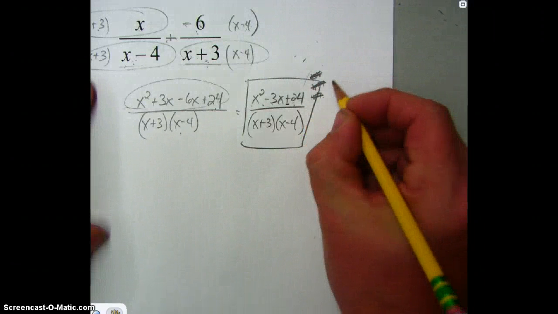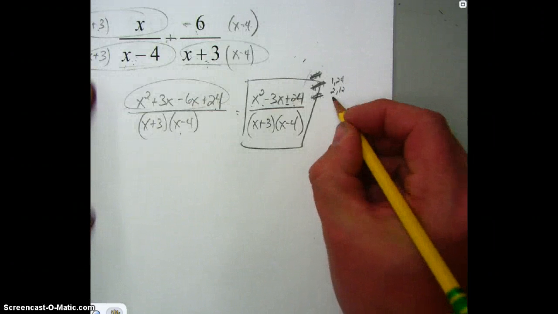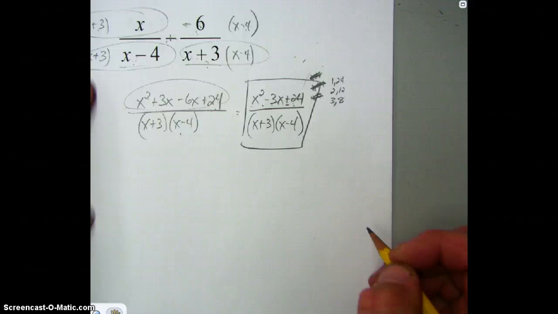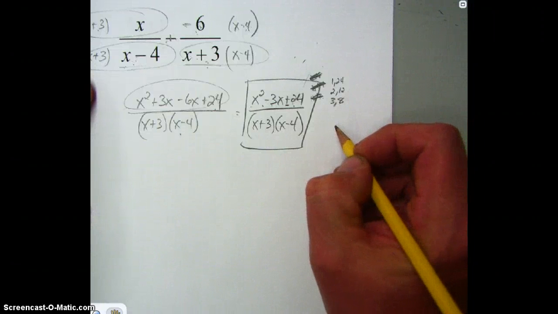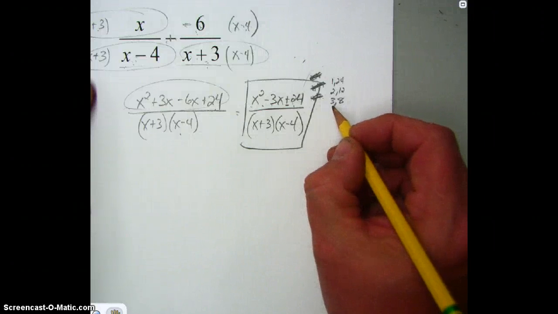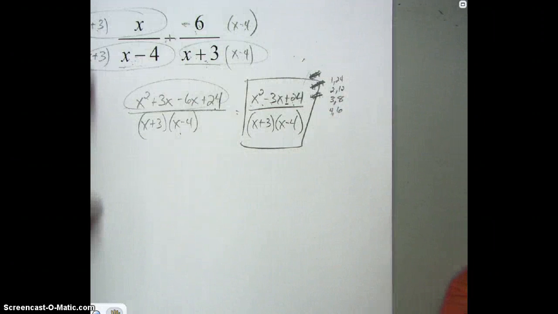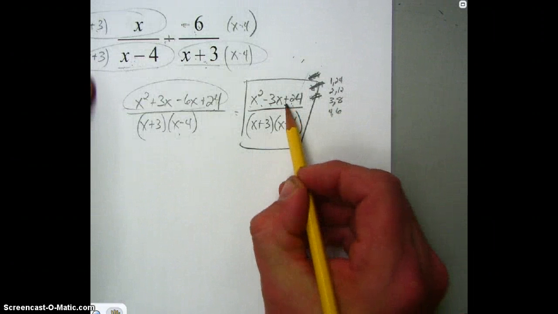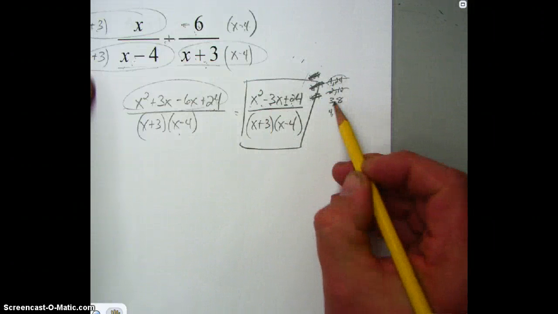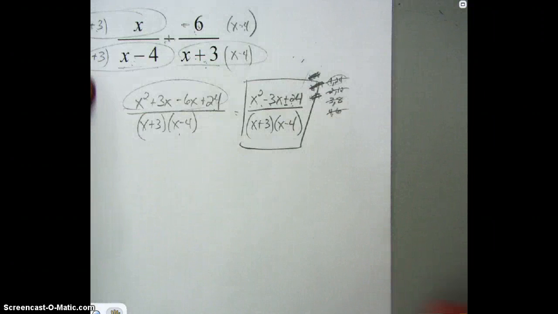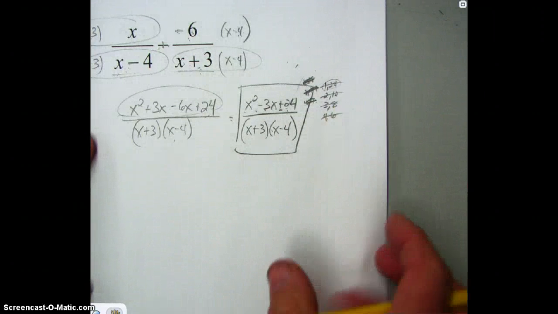Factors of 24: 1 and 24, 2 and 12, 3 and 8, 4 and 6. So it's still not factorable. We want to get a 3 when we add them, but that gives me 25, nope, that's 14, nope, nope, and nope. So it's still not factorable. I should have just stuck with it and been all good. So there we go. That is your answer on that one.